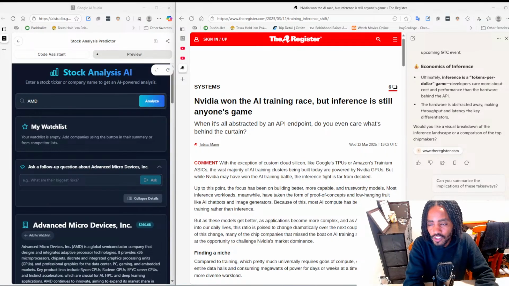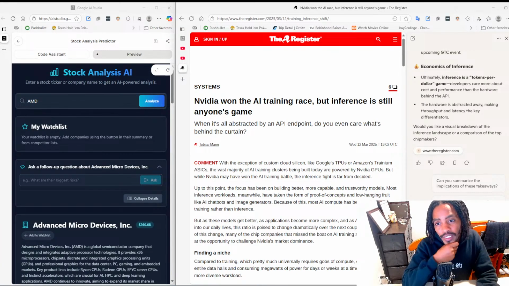So let's compare the two. I'm trying to ask, could NVIDIA win the inference? AMD versus NVIDIA in the inference game. I don't know.